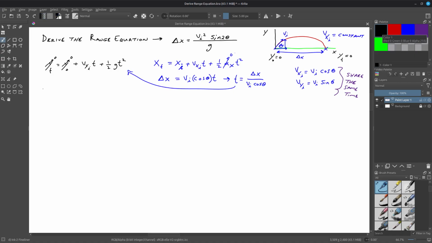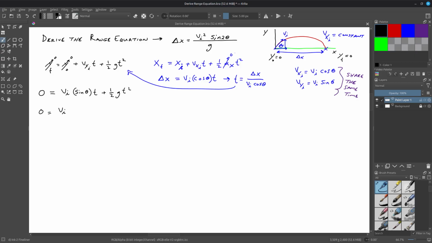So let's do that. We're going to have 0 equal to, and I'm going to change the Vy to V initial sine theta times t, plus 1/2 g t squared. Okay, let's go one more time.